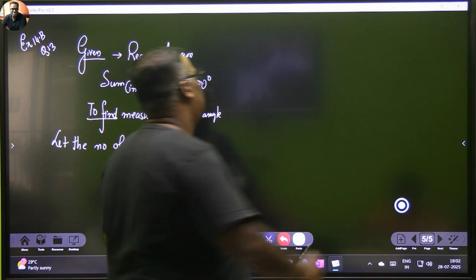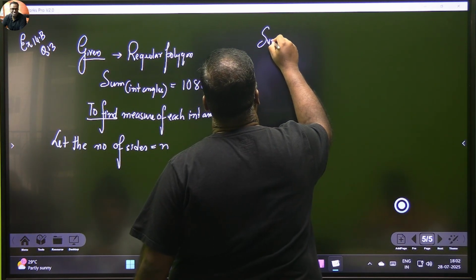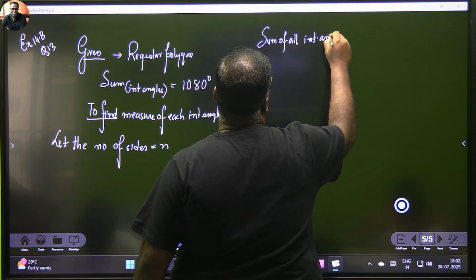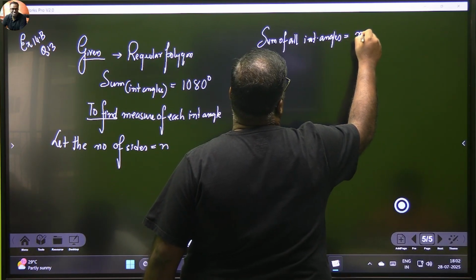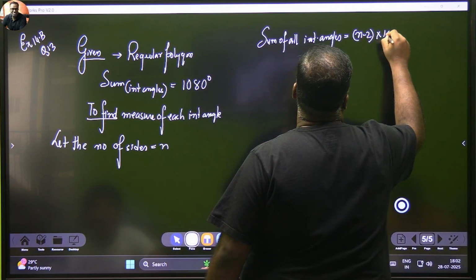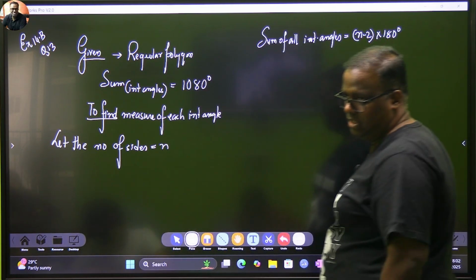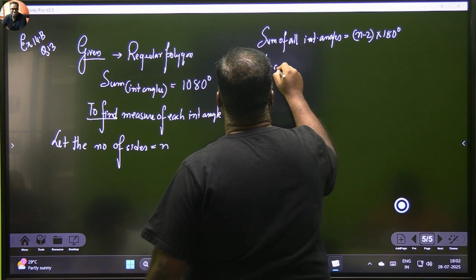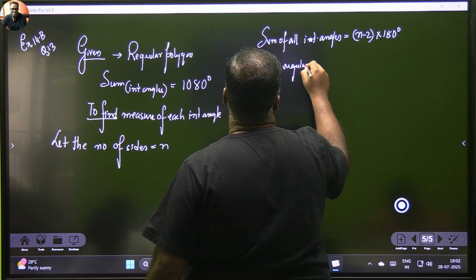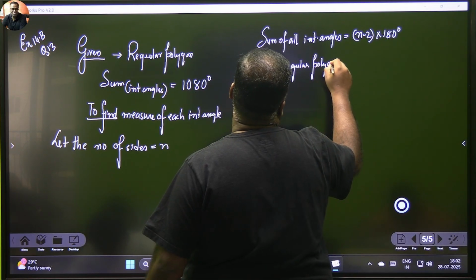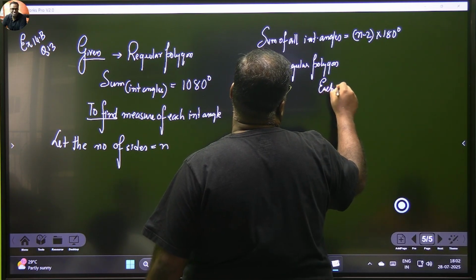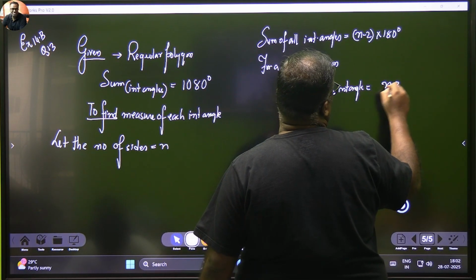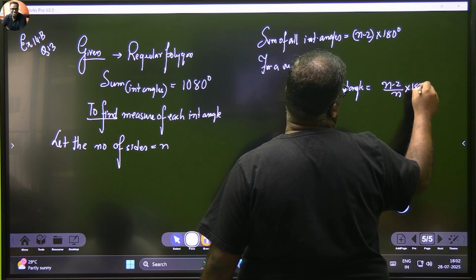Then we can write that the sum of all interior angles, whether regular or irregular, is given by (n minus 2) into 180 degree. We know this, right? And since it is a regular polygon, each internal angle will be equal to (n minus 2) by n into 180 degrees.